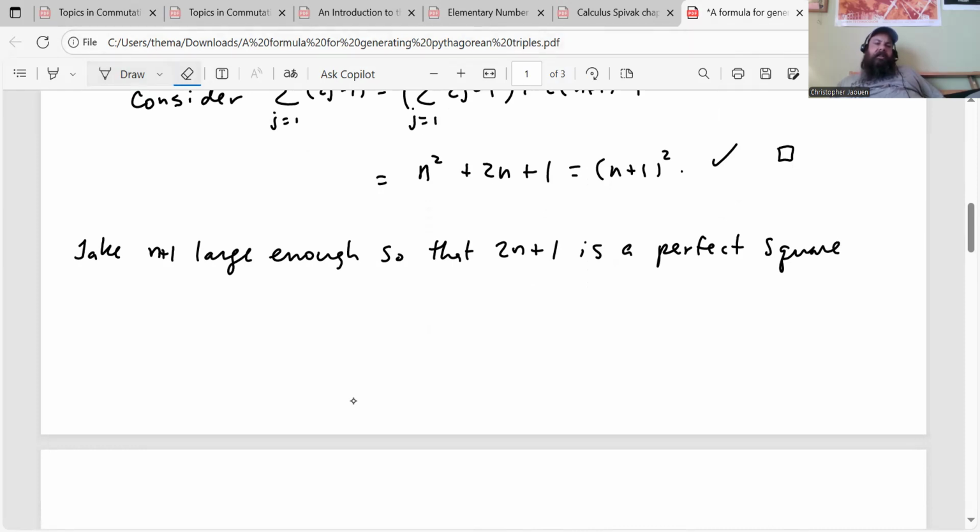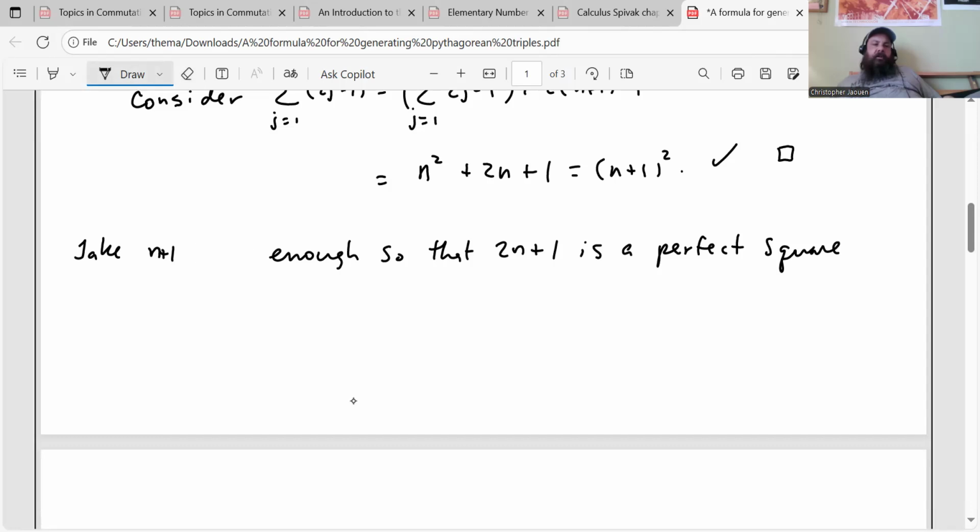Or maybe I should say it doesn't necessarily have to be large, but take n plus 1 farther down the sequence of odd natural numbers, enough so that 2n plus 1 is a perfect square.